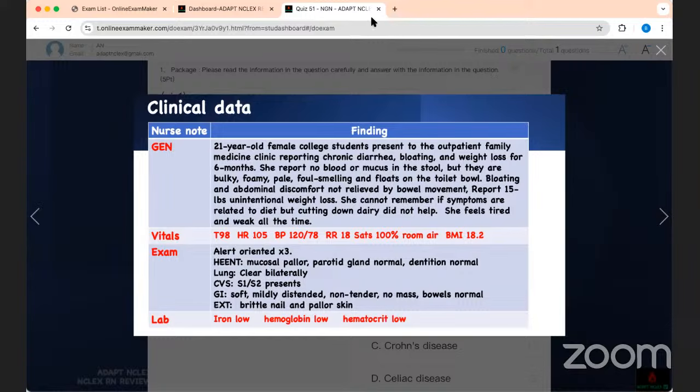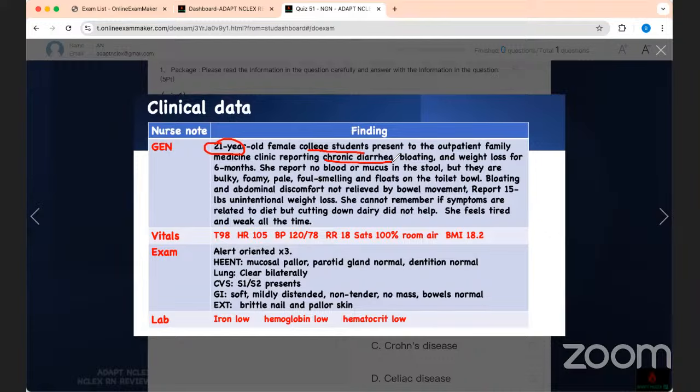This is another one that is easily trackable, right? She's a 21-year-old college student. Something should be ringing in your ear right now, right? She came to the outpatient clinic and she said, what? I have chronic diarrhea. As soon as you hear that, your brain should take you someplace.